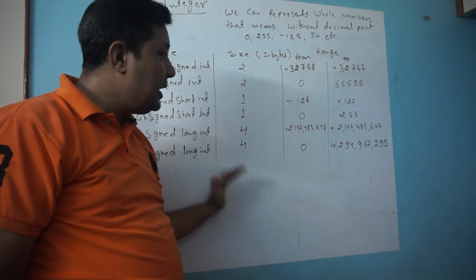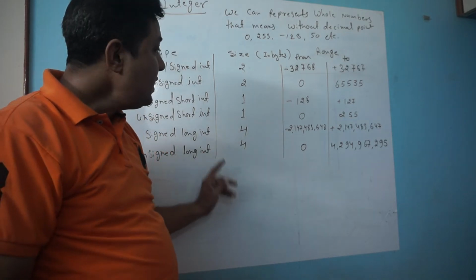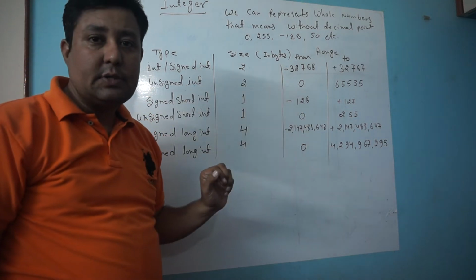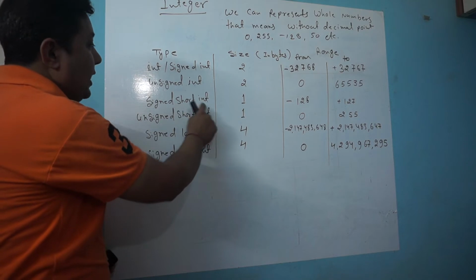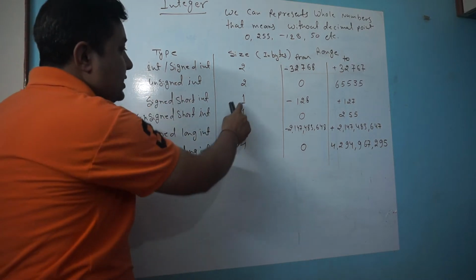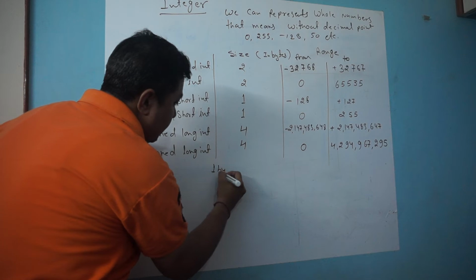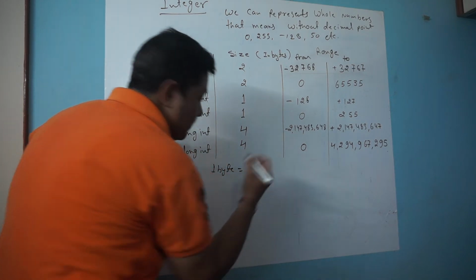Now the question here, what I am going to explain to you, is how we can memorize these representations. So I am taking a short integer which takes 1 byte. That means 8 bits.